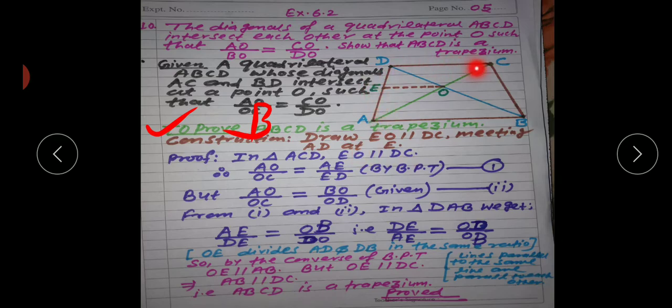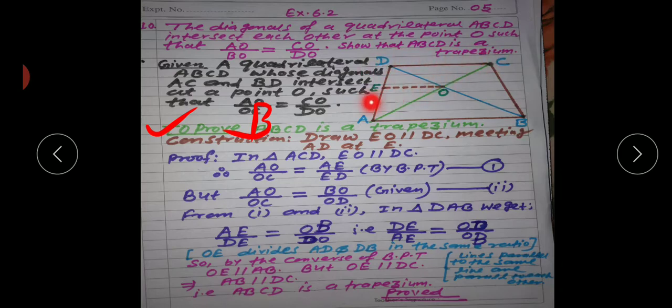So we have drawn OE parallel to DC, meeting AD at point E. Then in triangle ACD, EO is parallel to DC here.